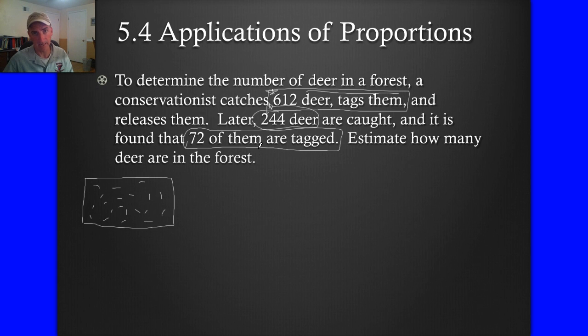Okay, so think of it like this: if you recall a fraction, we talk about part over whole. In this particular case, they found 72 deer with tags out of 244 deer.